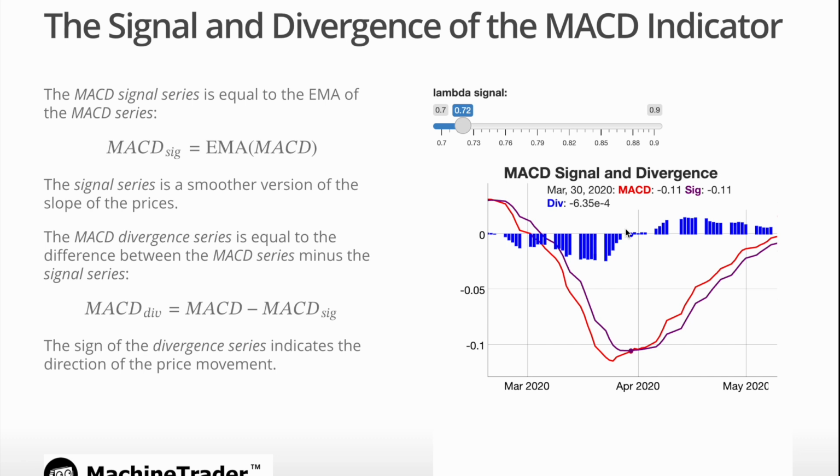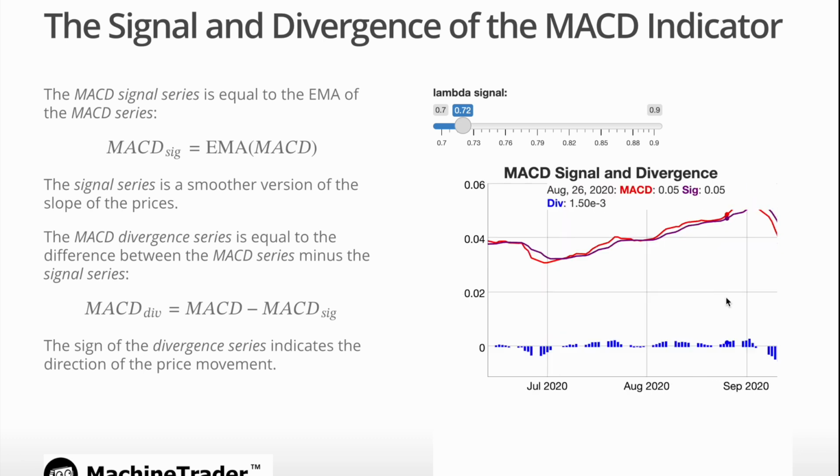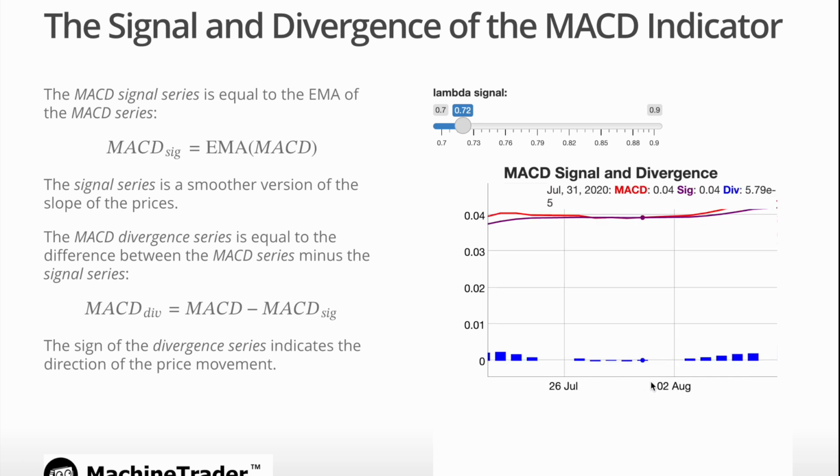So by controlling these three lambda parameters, we can create a MACD divergence that closely follows the direction of the prices. But the downside is that if we do that, we can see that in other time periods, the divergence series switches signs back and forth, sending false signals.